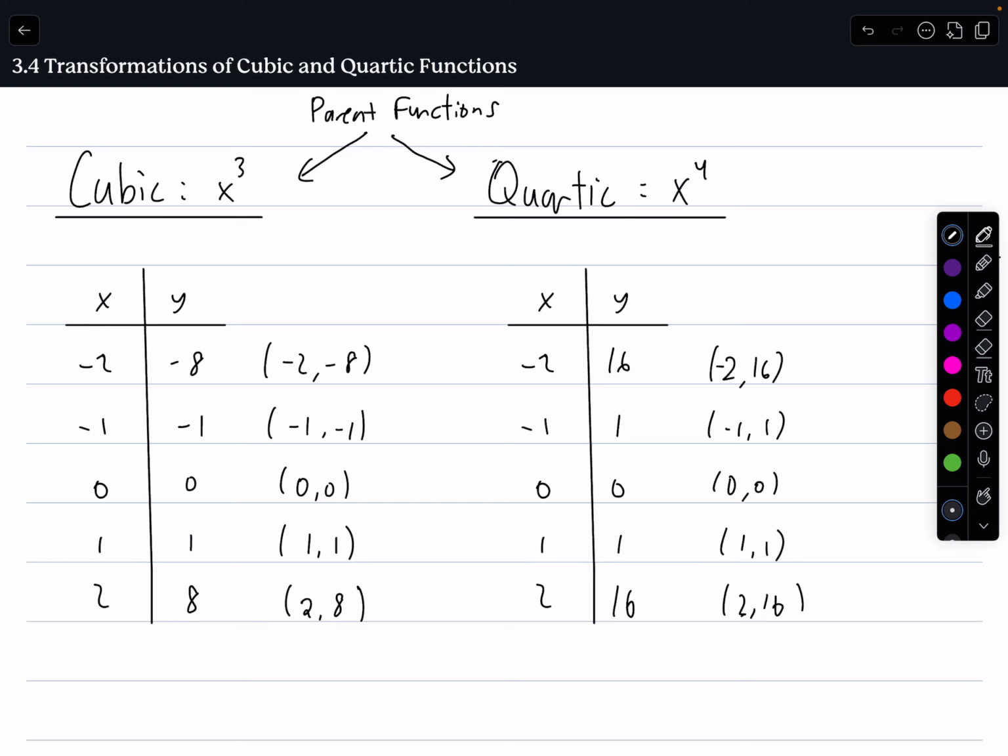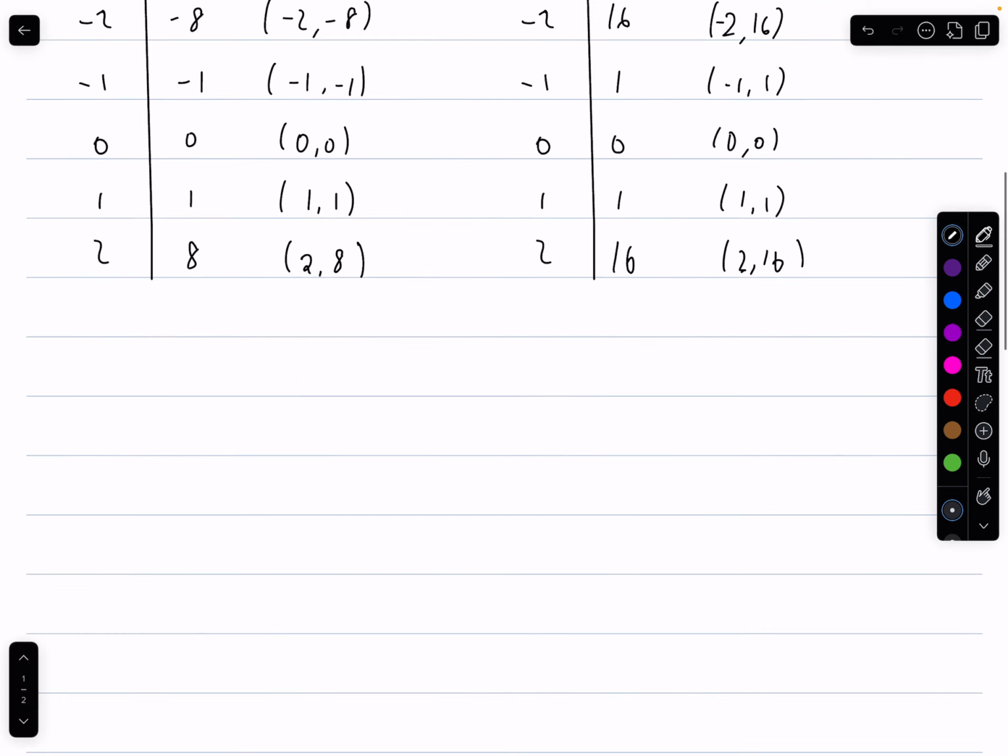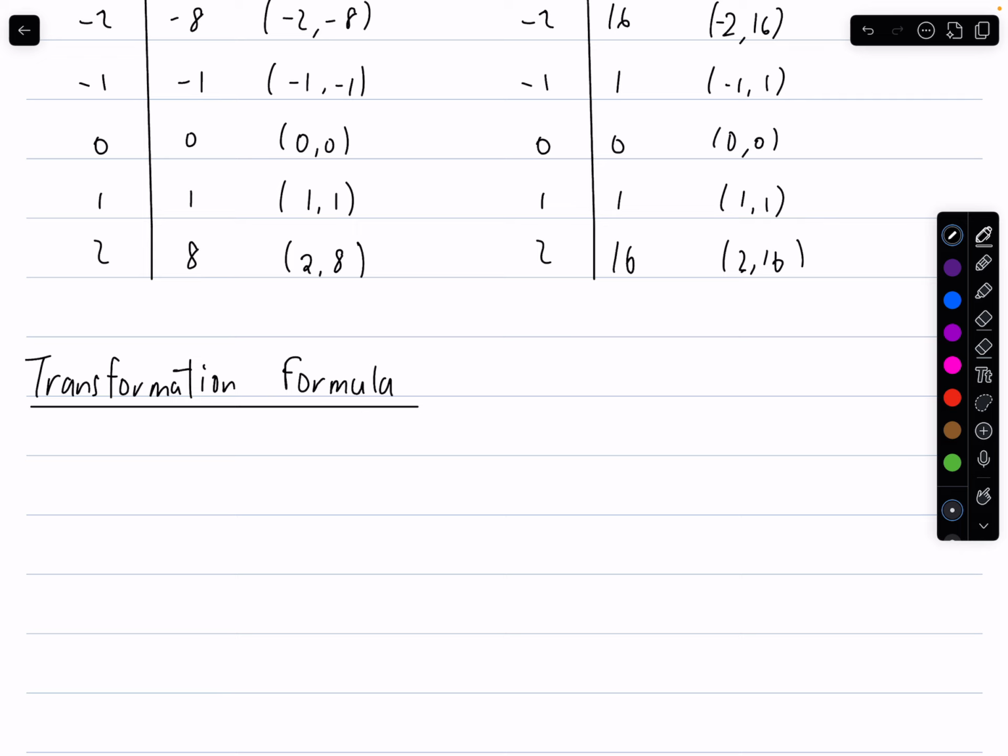Okay, so why are these important? Whenever we do transformations, what we need to really understand is this formula. So this is the transformation formula. And this is a universal transformation formula that you guys have to copy in your notebooks.